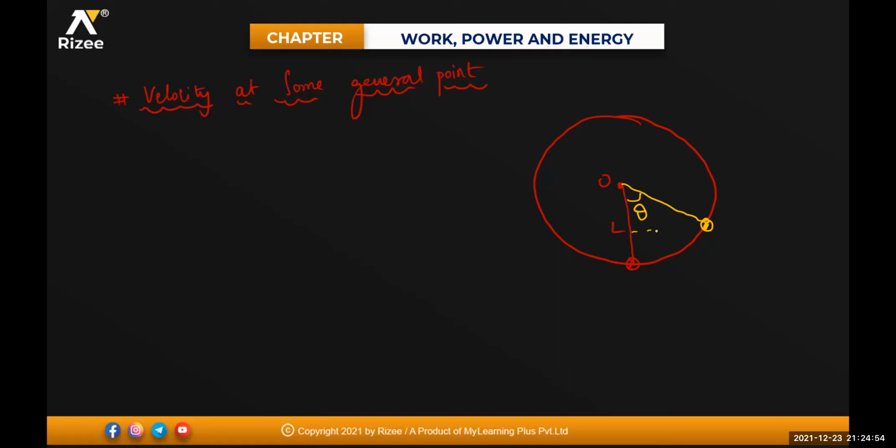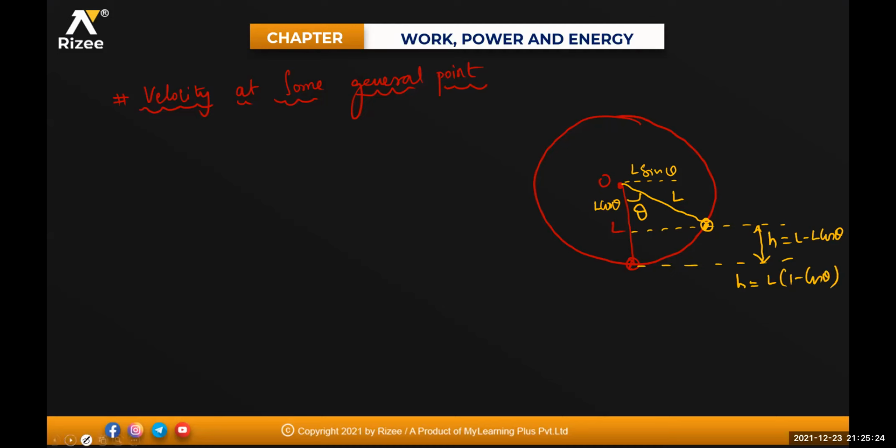That means from the ground it has been raised to a height H. This is L, so this will become L cos theta, and this side will become L sin theta. Isn't it? So the total distance is L. H will be equal to how much, beta? L minus L cos theta. So H is equal to L into (1 minus cos theta), which is the height.